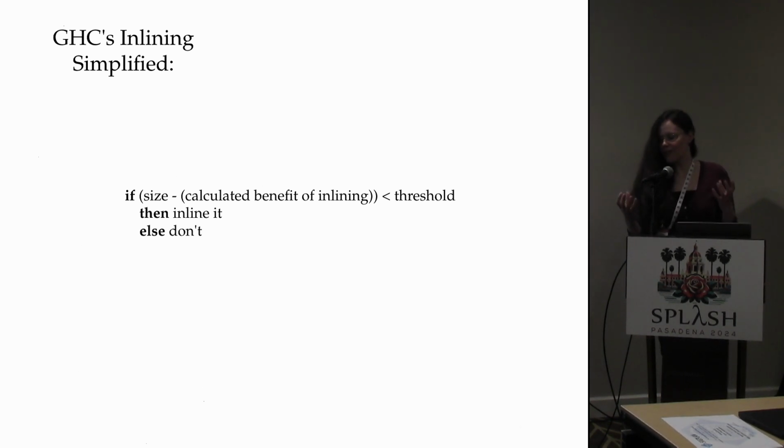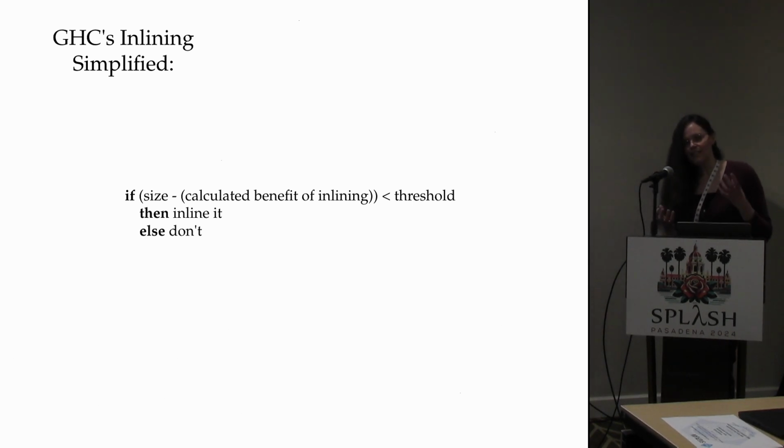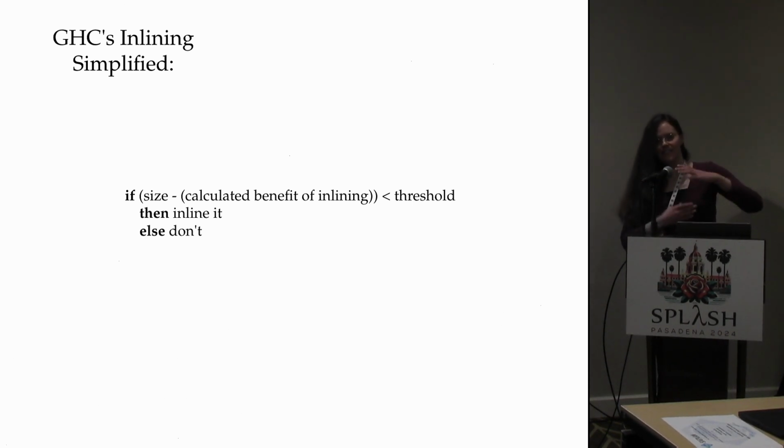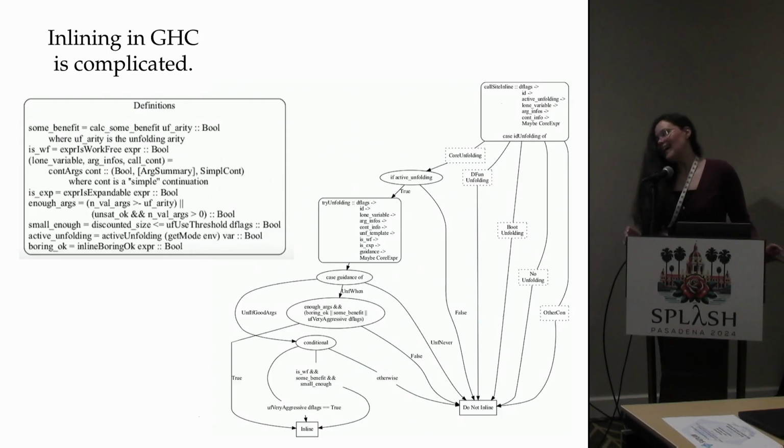These are both numerical values. It's going to take that benefit, subtract it from that size, and if the numerical value that's left over is less than some threshold that's set in GHC, then it's going to inline that thing. And if it's not, then it's not going to inline that thing. On a high level, this is pretty much what that heuristic looks like at the point of that decision.